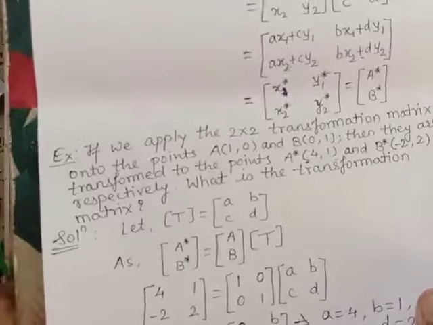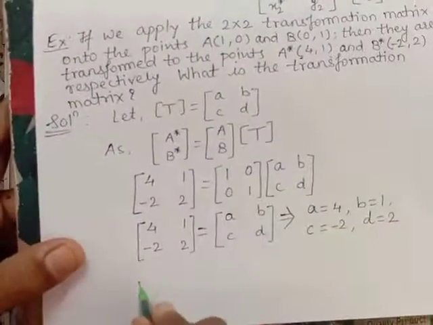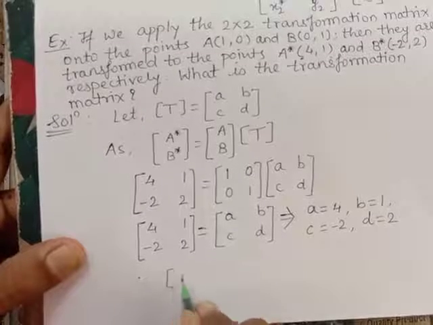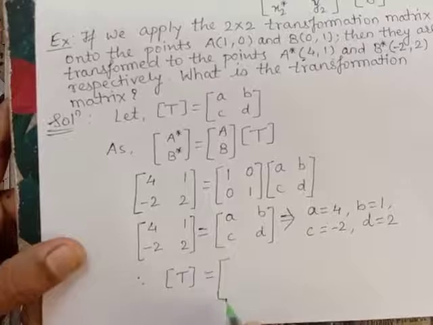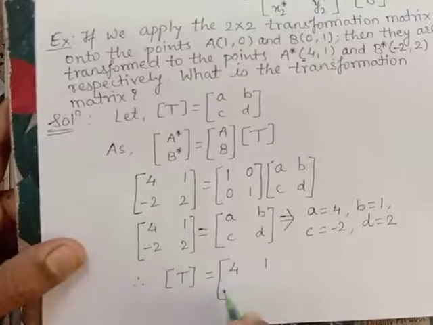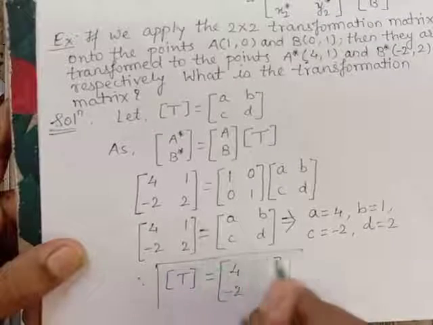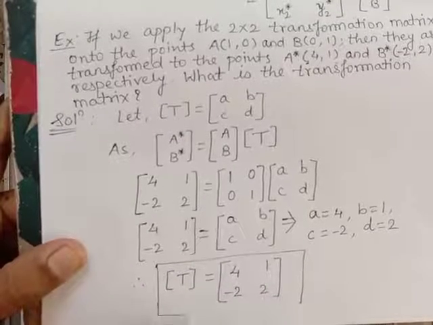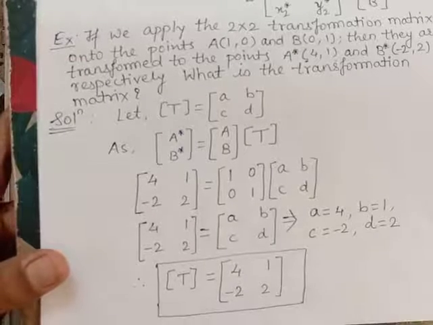Fine. Therefore, the transformation matrix T here is [4 1; -2 2]. This is our required matrix, the answer of this problem.